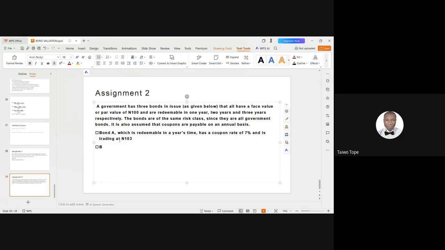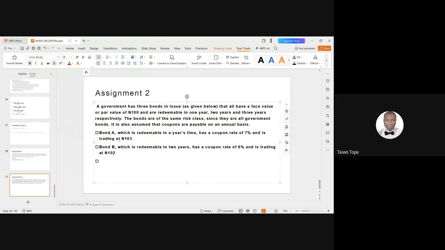Bond B, which is redeemable in 2 years, has a coupon rate of 6% and is trading at 102 naira.